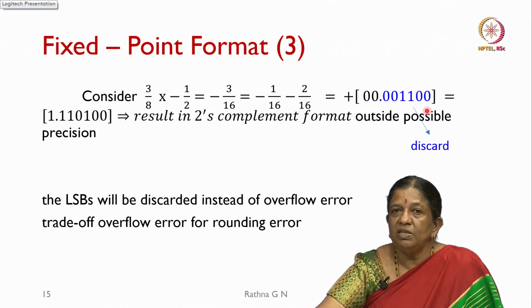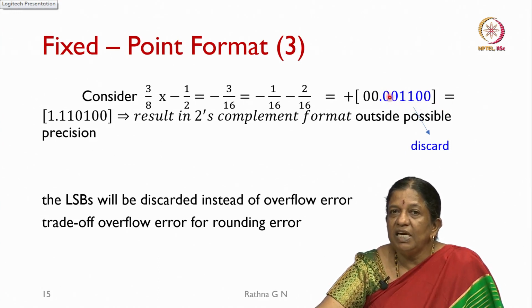Then what happens to the number in the binary format? We know that it should be a negative number. Initially we put the plus value: 0 0 1 for 1 by 16, and then 2 by 16 is 1 0 0.